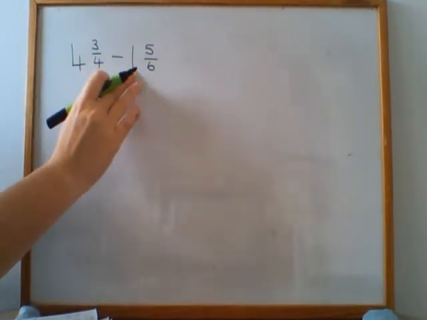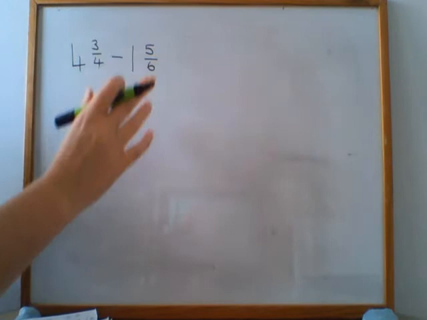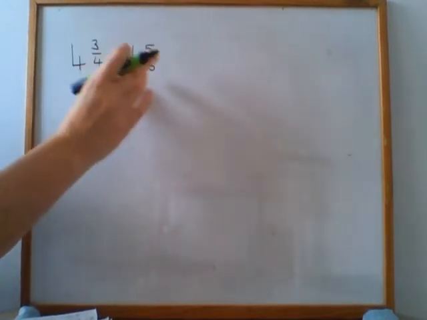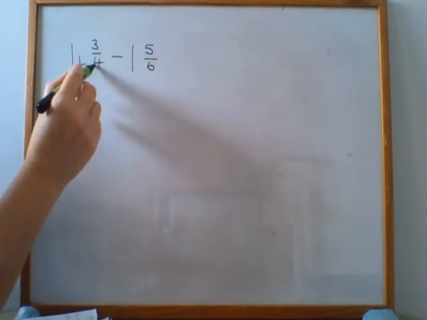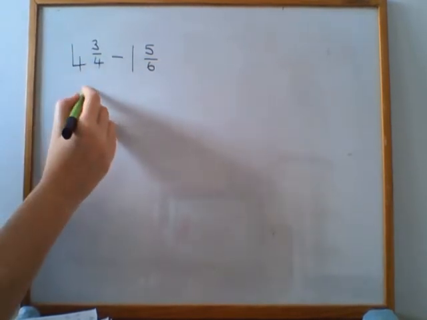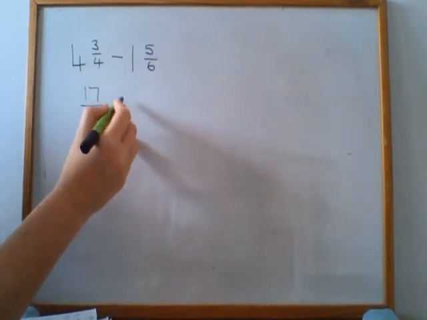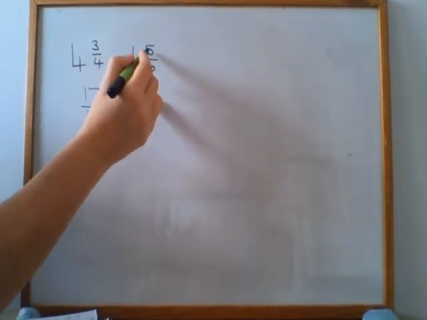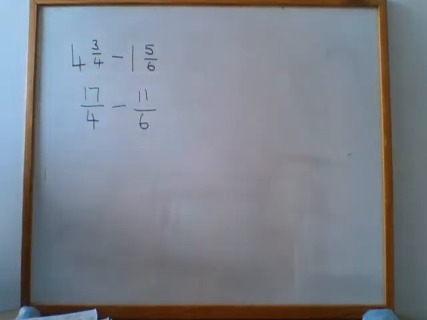If you just do 4 take away 1, but then this fraction is not bigger than this fraction, you'll run into problems. So change them into improper fractions and then take away. So to do that, we do 4 times 4 is 16, add 3 is 17. So we get 17 fourths, take away 1 times 6 is 6, add 5 is 11, take away 11 sixths.